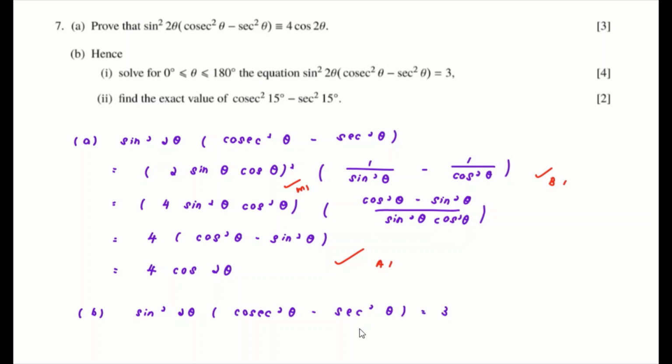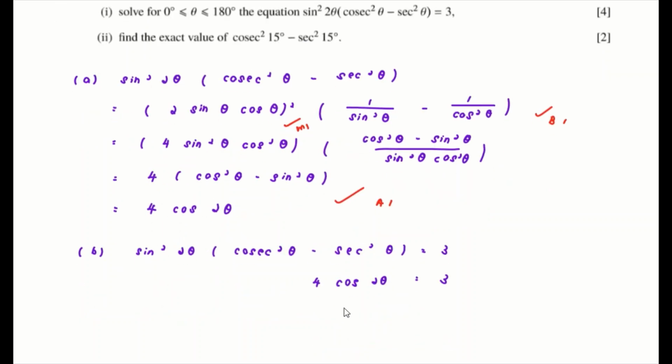Okay, so we know sine square 2 theta cosec square theta minus sec square theta gives us 4 cos 2 theta. So 4 cos 2 theta equals to 3, which means cos 2 theta is equal to 3 over 4.